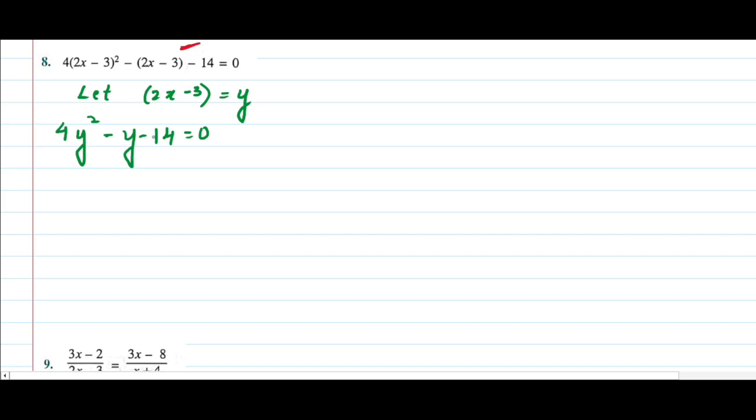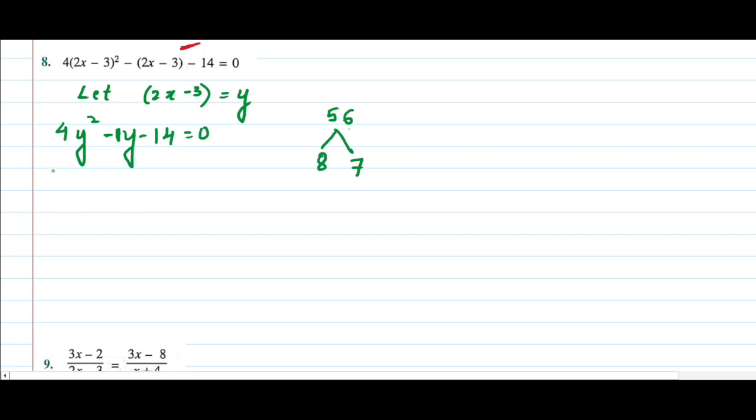14 4s are 56, so I'll get 56 here. In order to get the middle term y, or just 1y, 8 7s are 56, and if we take minus 8 and plus 7, I'll get minus y.